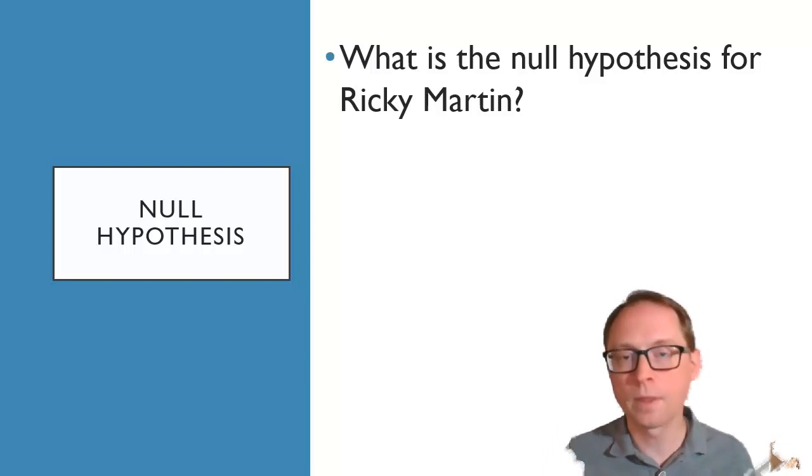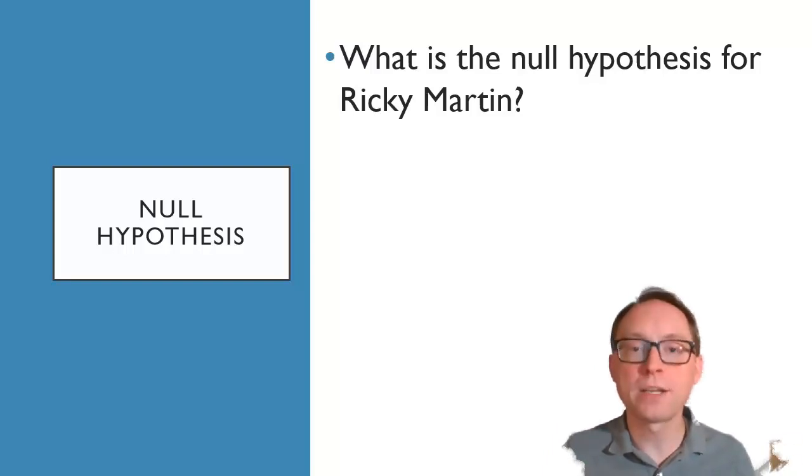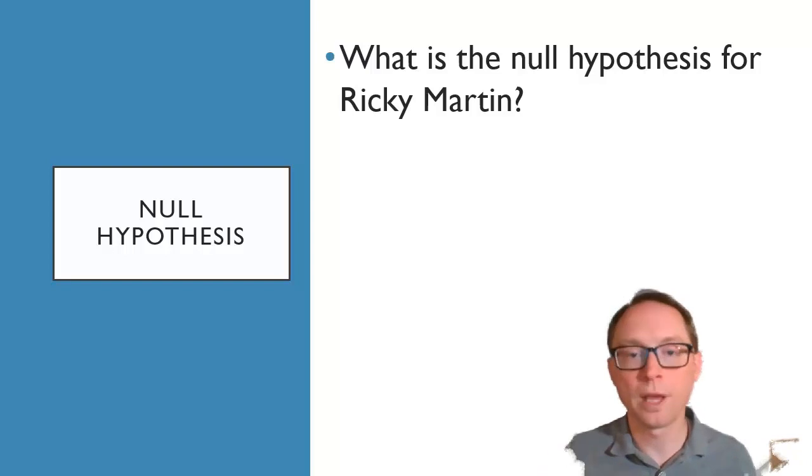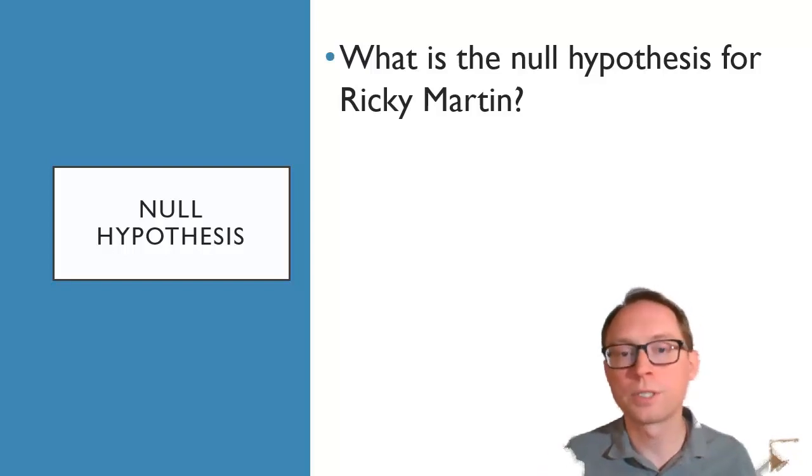What does it mean to reject the null hypothesis for Ricky Martin? If we reject the null hypothesis, then we're saying that his talent did have something to do with his tenure in Menudo. If we fail to reject the null hypothesis, we're saying that Ricky Martin's talent had nothing to do with how long he was in Menudo.